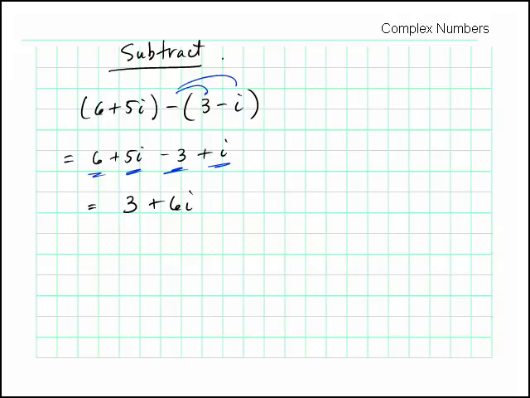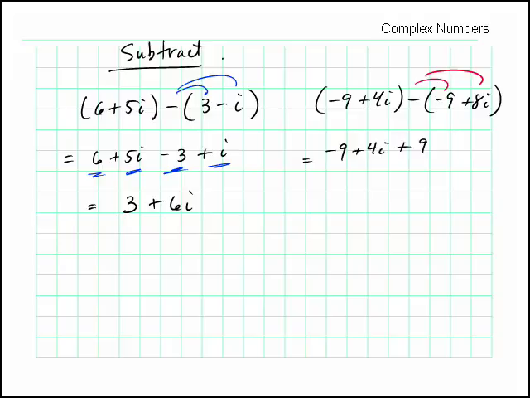Now let's do one more subtraction. Negative 9 plus 4i minus negative 9 plus 8i. When subtracting complex numbers, once again, you got to remember to distribute the negative sign. So this will be negative 9 plus 4i.